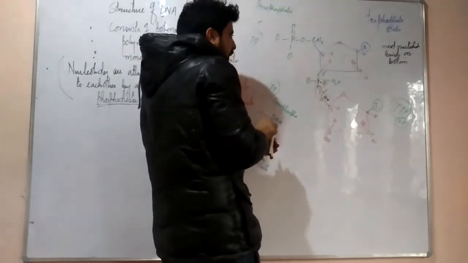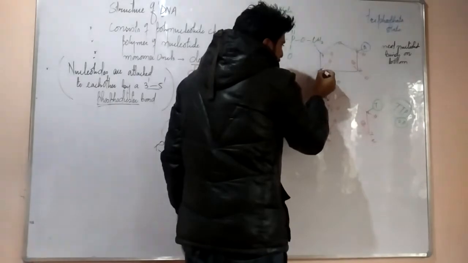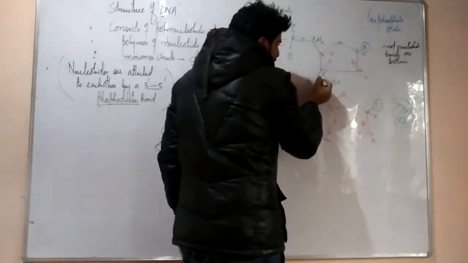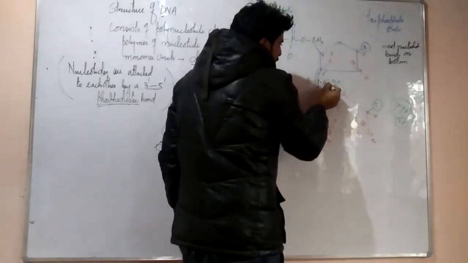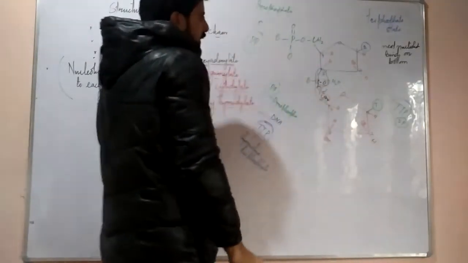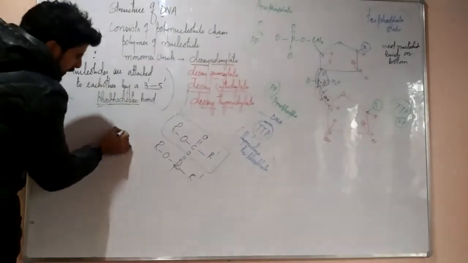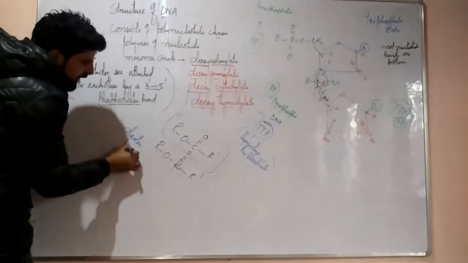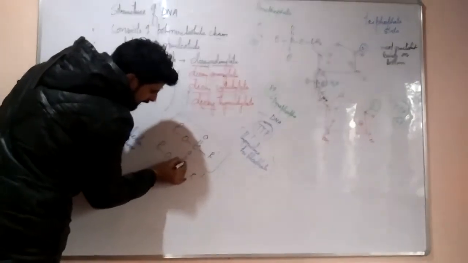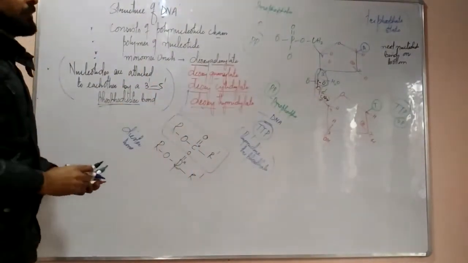And if we start from this carbon number 3, this is also a carbon, then oxygen, then phosphorus, then again a double bond. We make one more ester bond. That is why we call this the formation of a diester bond. Instead of carbon, here we have a phosphorus.